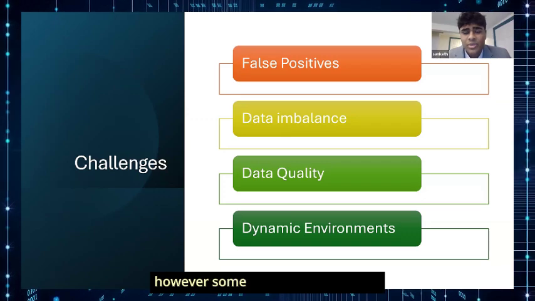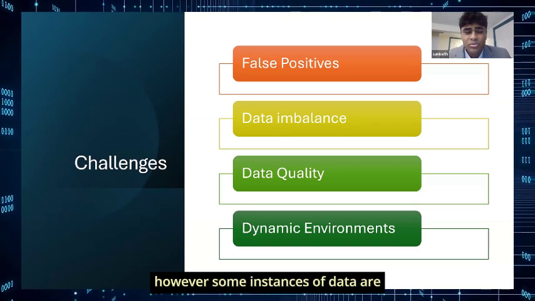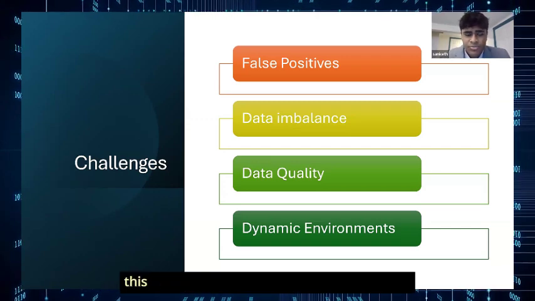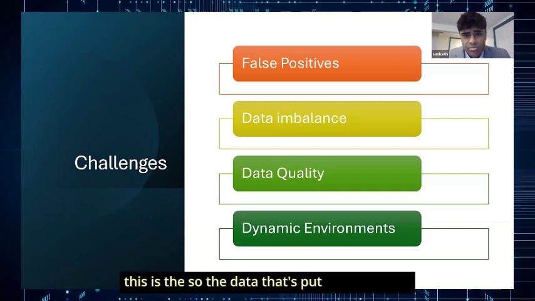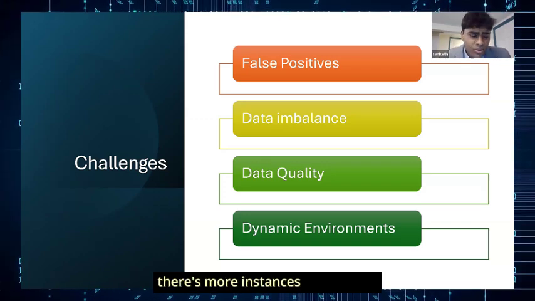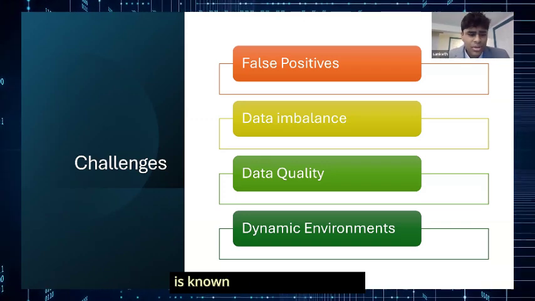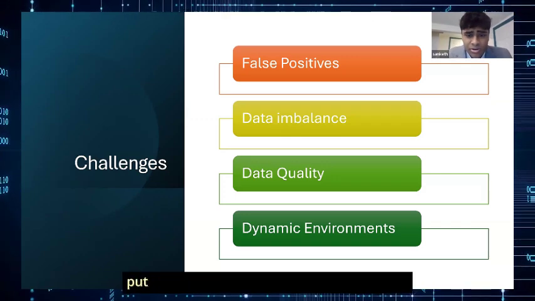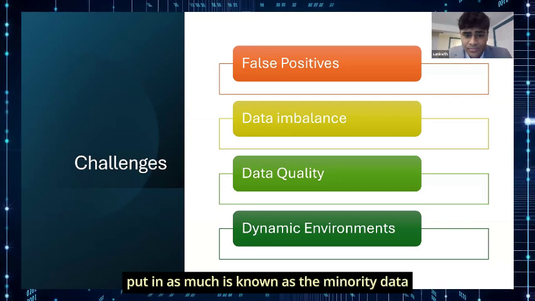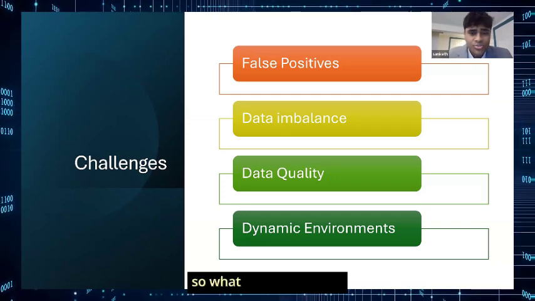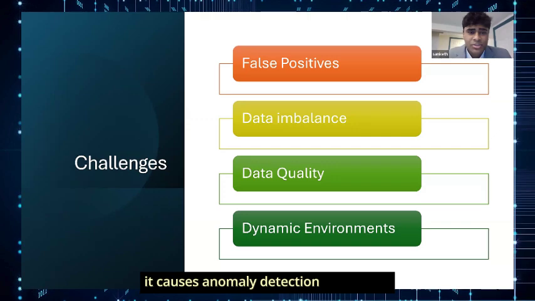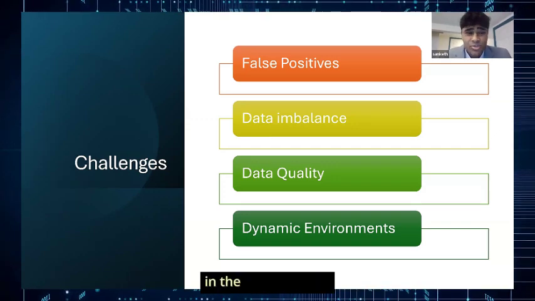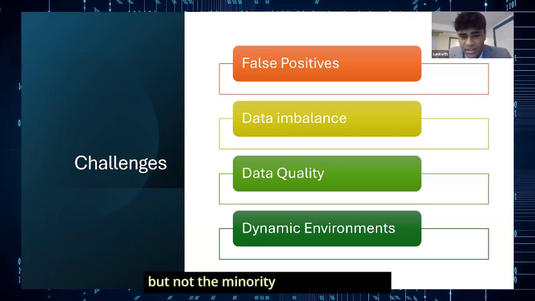However, some instances of data are put into the detection system more often than others. The data that's put in more often, there's more instances of that data, is known as the majority class, the majority data. And the data that isn't put in as much is known as the minority data. What this does is that it causes anomaly detection algorithms to be really good at identifying ransomware in the majority class, but not the minority class.